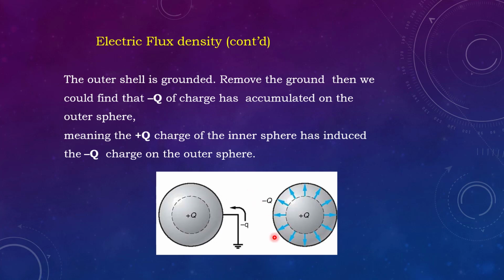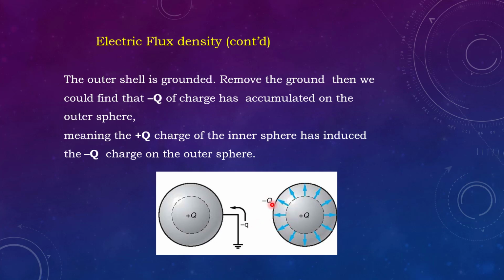See in this figure, if the outer shell is grounded and then we remove the ground, we can find that there is a charge present on the outer shell, and that charge is the same as the plus q charge, but opposite in sign. Remember, the charge has equal magnitude, but the sign is minus.